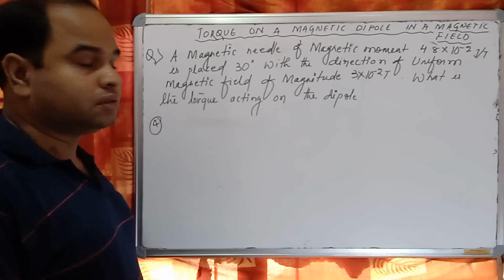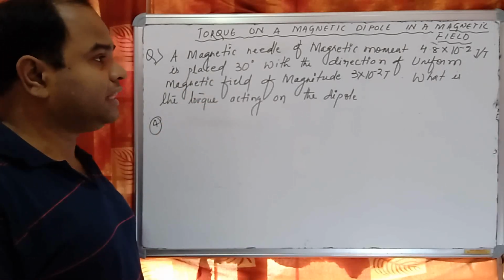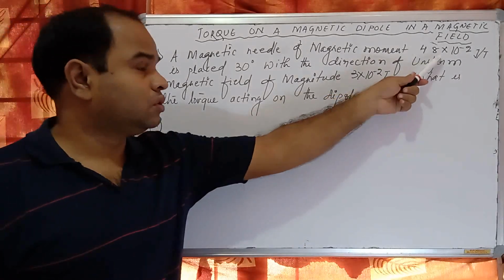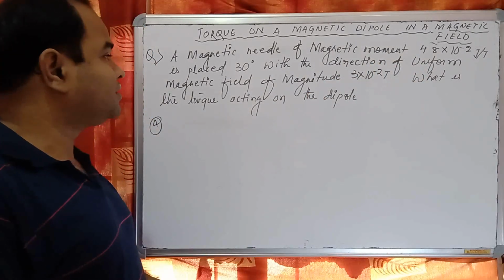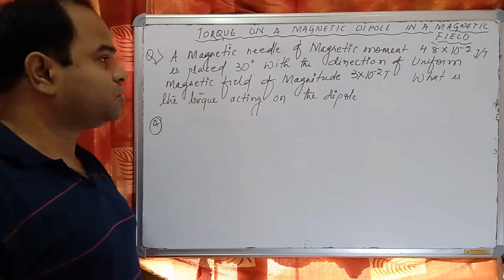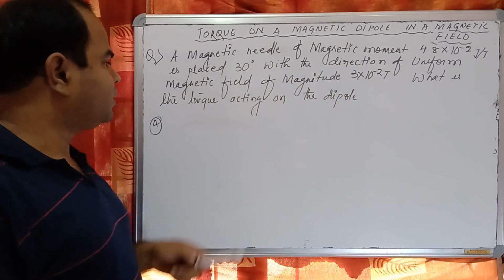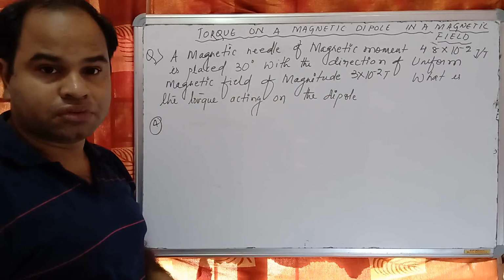The question is: a magnetic needle of magnetic moment 4.8 into 10 to the power minus 2 joule per Tesla is placed at 30 degrees with the direction of a uniform magnetic field of magnitude 3 into 10 to the power minus 2 Tesla. What is the torque acting on the dipole?